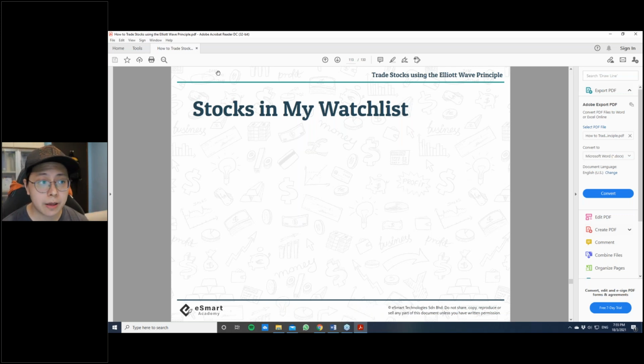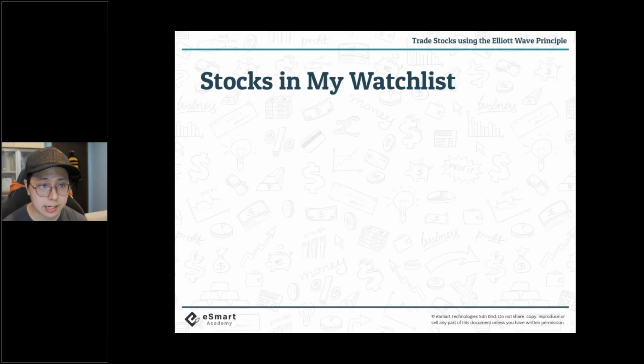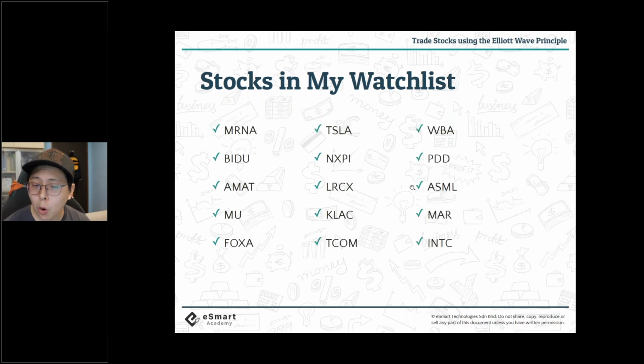And over here, very quickly, I'll show you all the stocks in my watch list. Of course, these are not extensive, which means that I'm not only looking at these, but these are the stocks that I'm interested in for trading, which means that the volatility is there, the momentum is there, it's ideal for trading.